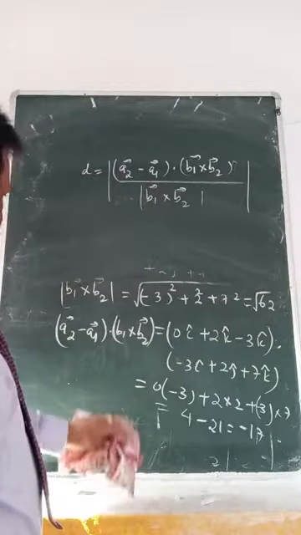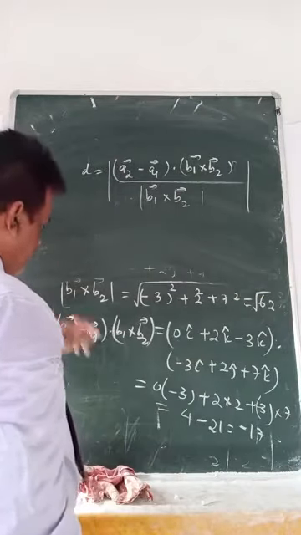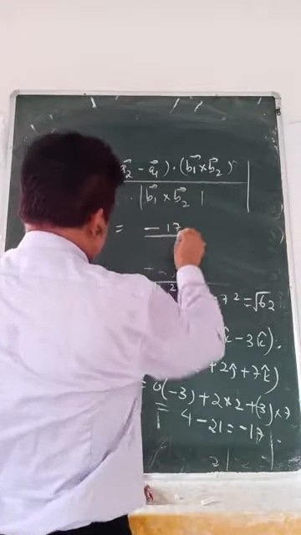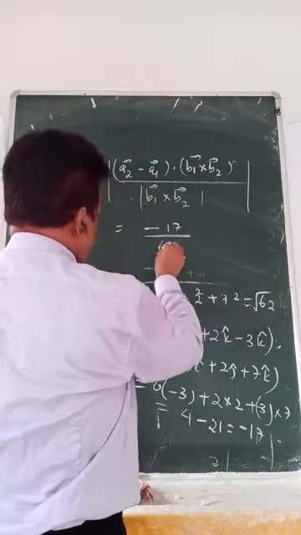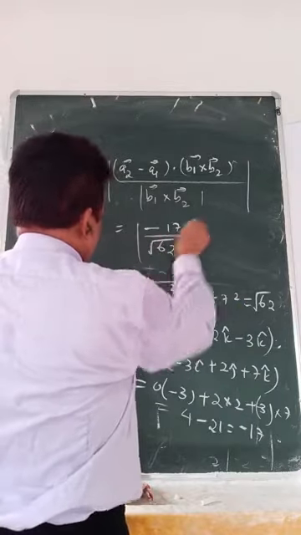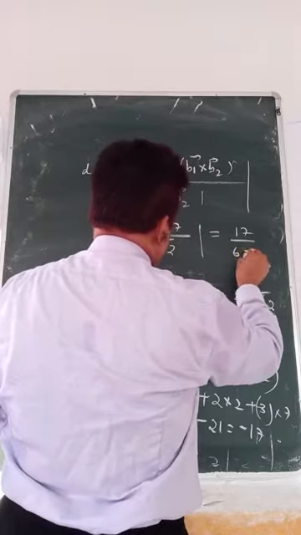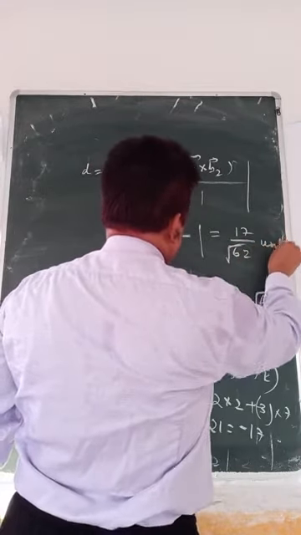So here put this, minus 17 divided by root over 62 modulus. So it will be 17 by root 62 units.